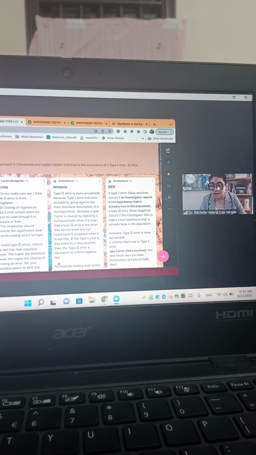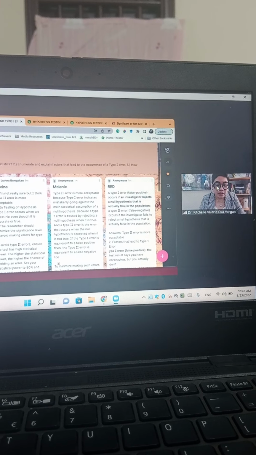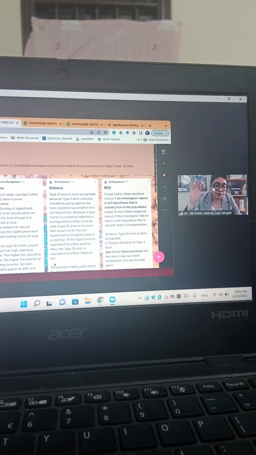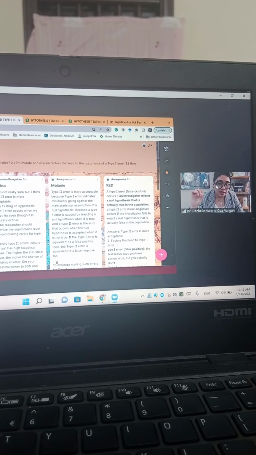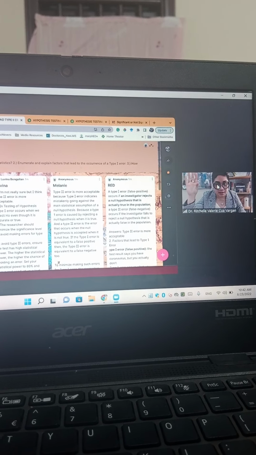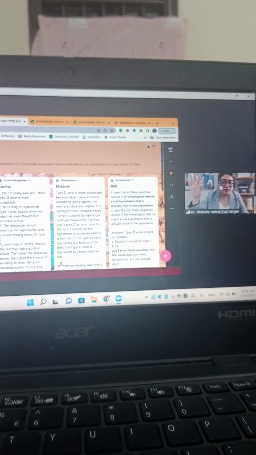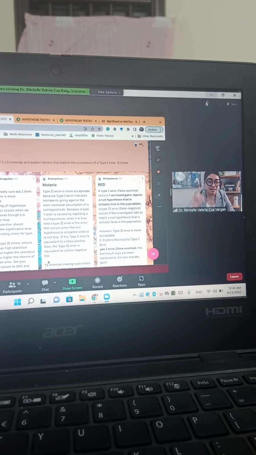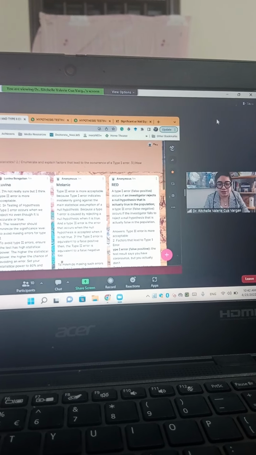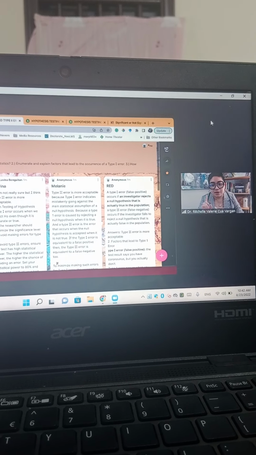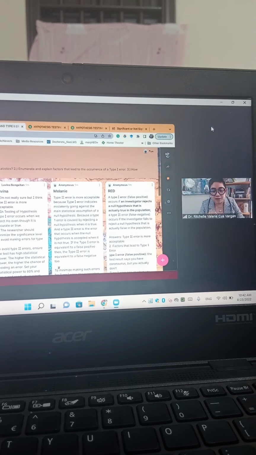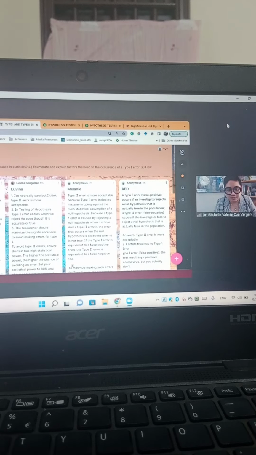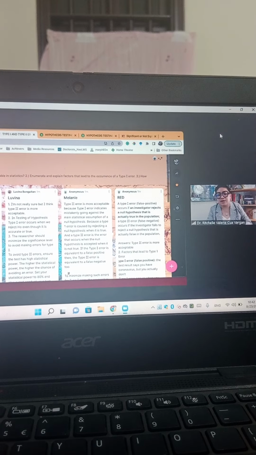So if you lower the significance level for the type 1 error, it raises the type 2 error. But it also increases the statistical power of your results. Another thing that can also increase statistical power is to increase your sample size. So these are the measures.